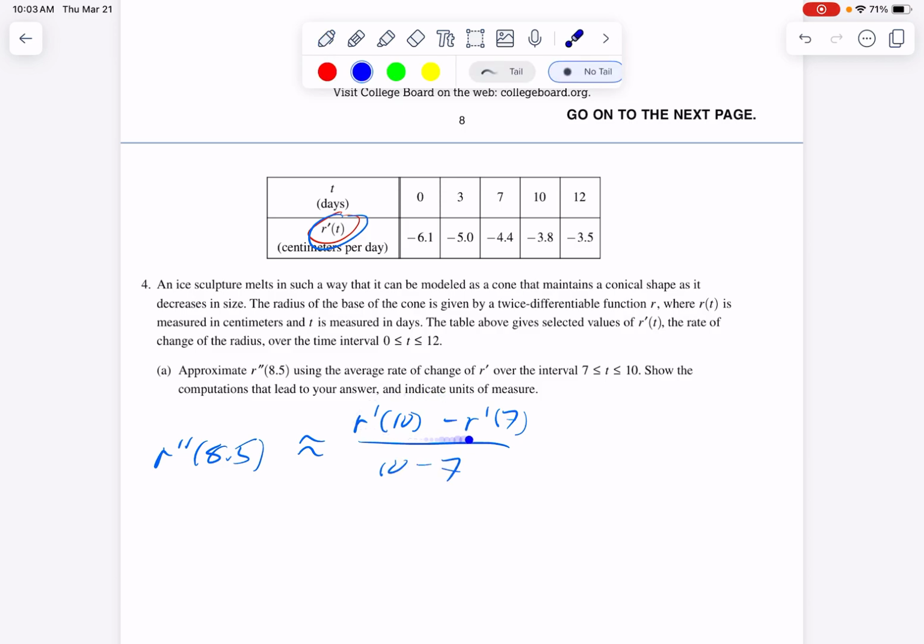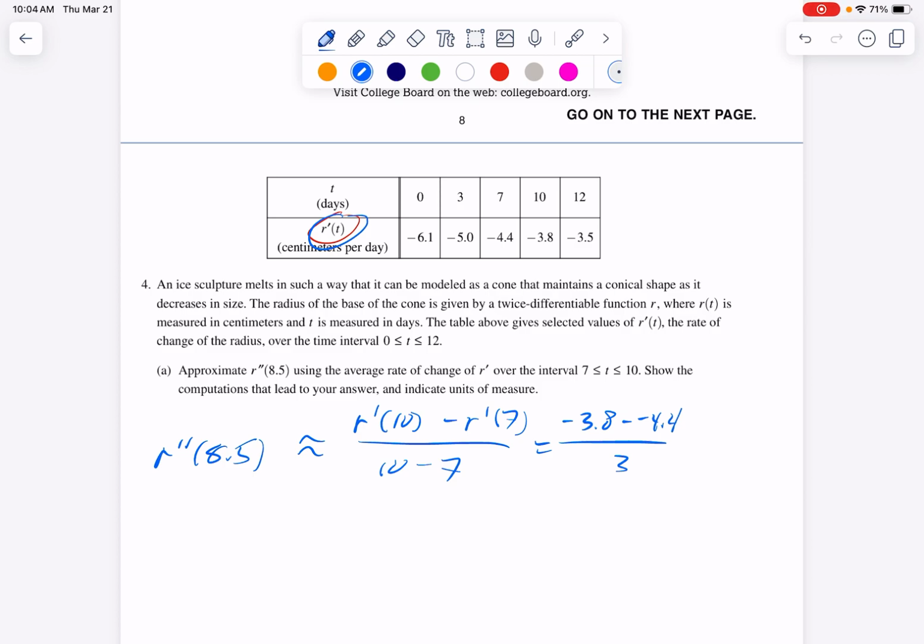I would urge you to write this rather than immediately plugging in the numbers. Communicate what you are thinking about, because if you write a number wrong, everything goes haywire. So this would be negative 3.8 minus negative 4.4 over 3. You are not required to simplify, although I believe this works out to 0.2.